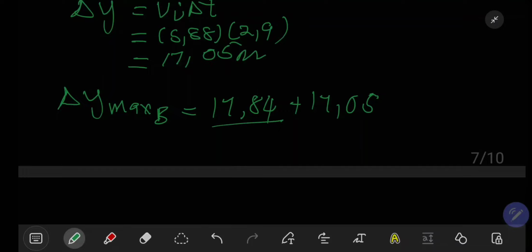So this was the distance above the ground when they threw the ball, and this is the distance traveled by the balloon after 2.9 seconds. And now the maximum displacement gives us 34.89 meters.